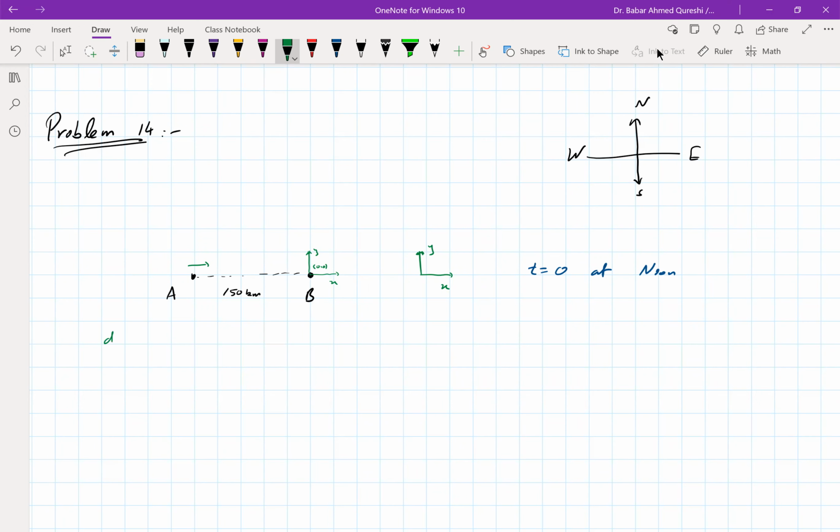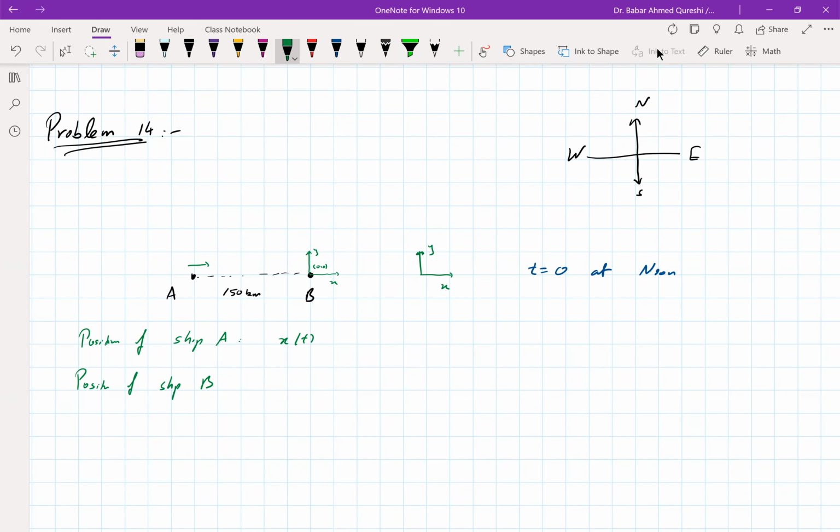So let's call the position of ship A x of t, because it's only going to move along the x-axis. So let's call it the x coordinate at a certain time t. And the position of ship B, because it tells me that ship B is sailing north.